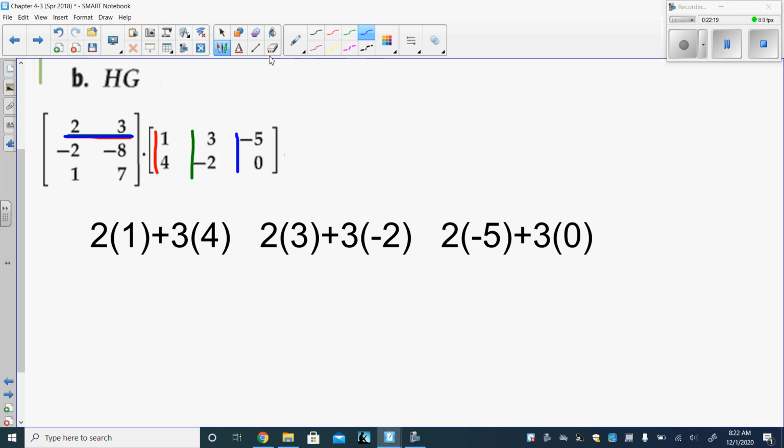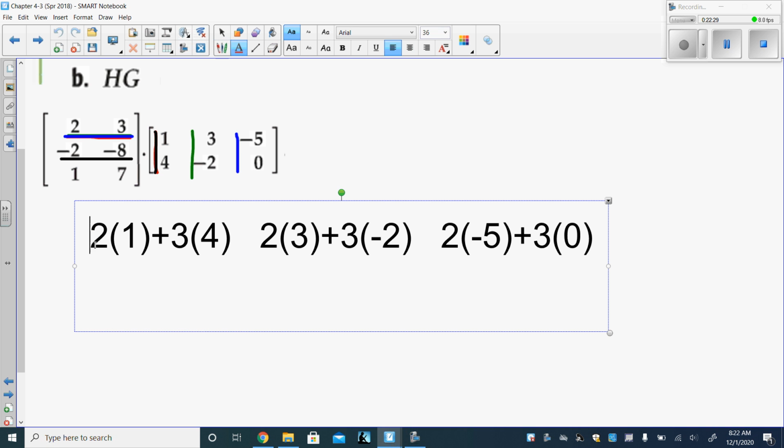Now we're going to move on to the second row. So we're going to go over and down again. So we're going to repeat this process. We're going to end up repeating this process 3 times because I have 3 rows in the first. So it'd be negative 2 times 1 plus negative 8 times 4.